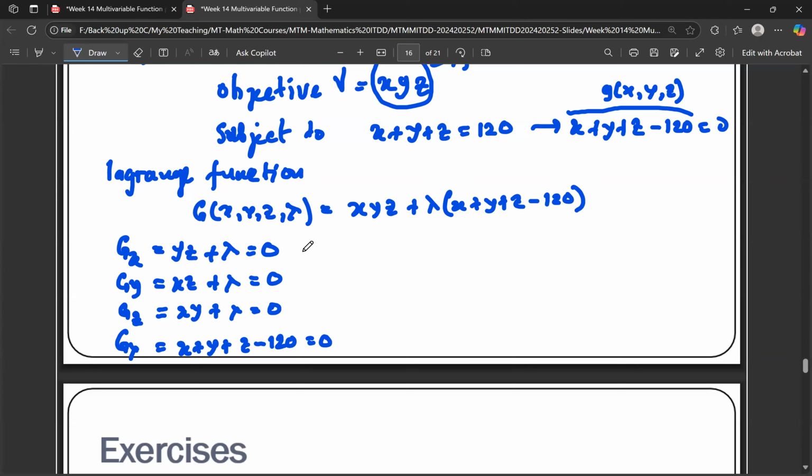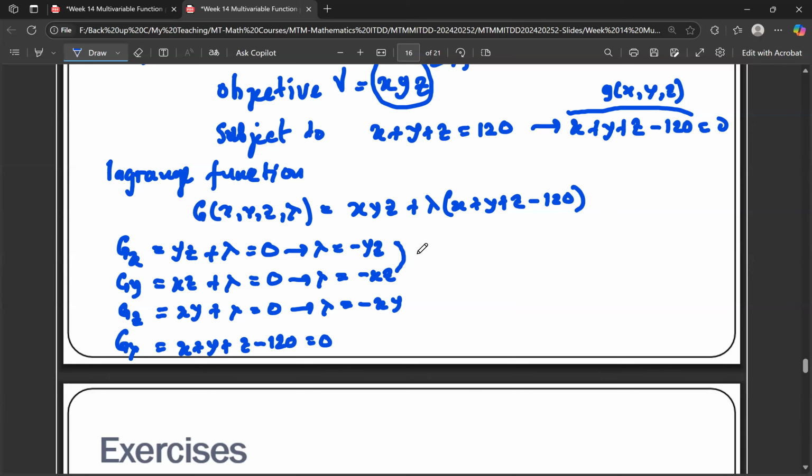There are many alternative ways to solve it. One of them: we have yz equal to minus lambda, xz equal to minus lambda, and xy equal to minus lambda. So we can equate two of them.